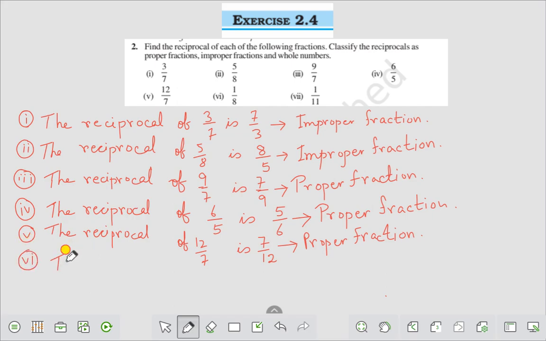The reciprocal of 1 by 8 is 8 by 1, that is equal to 8. Here you see that 8 is a whole number.